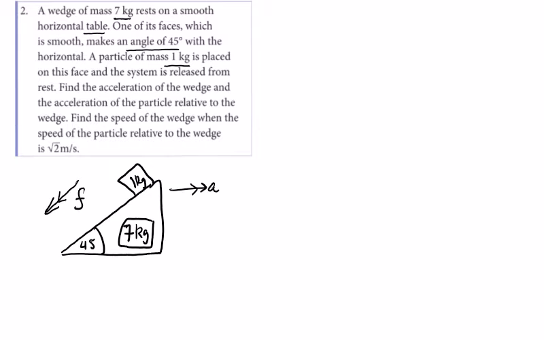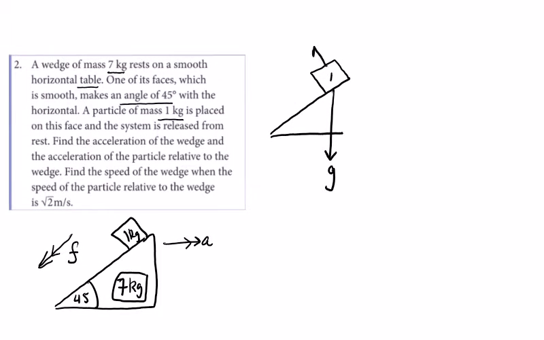So the particle: we just have mg coming down, or just g, we'll call it g in this case. We have my reaction R, and I have my angle of 45.